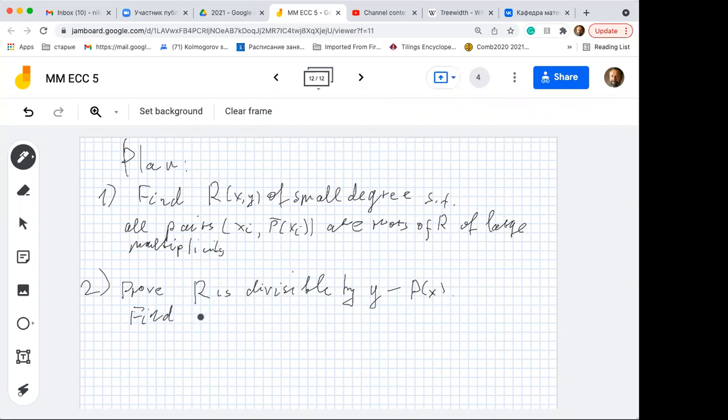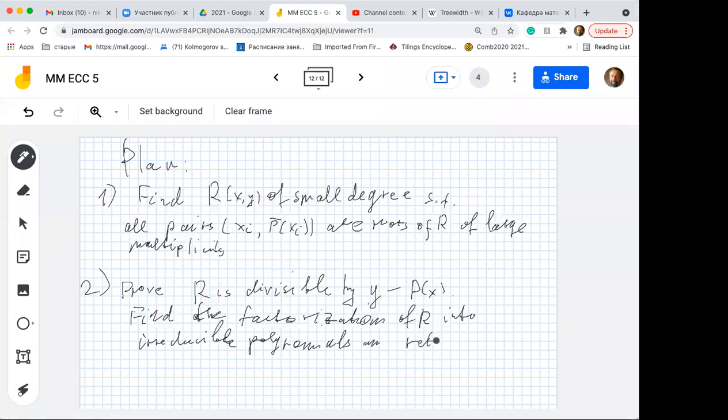So we will find such a factorization of R into irreducible polynomials, and return all the factors basically of the form y minus some polynomial of x.